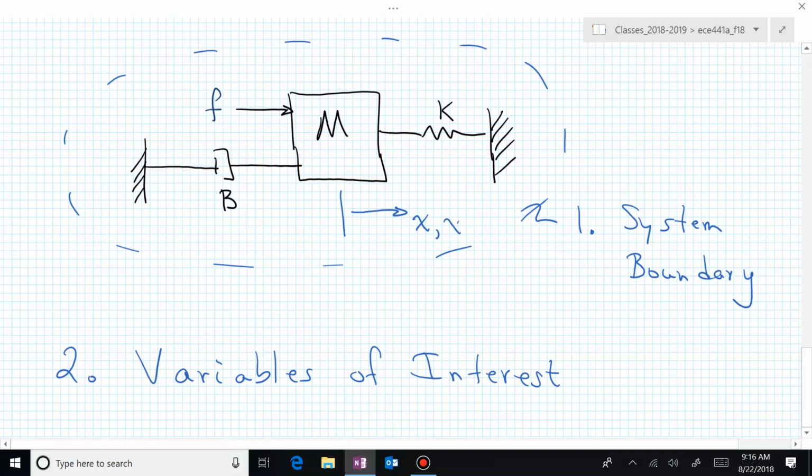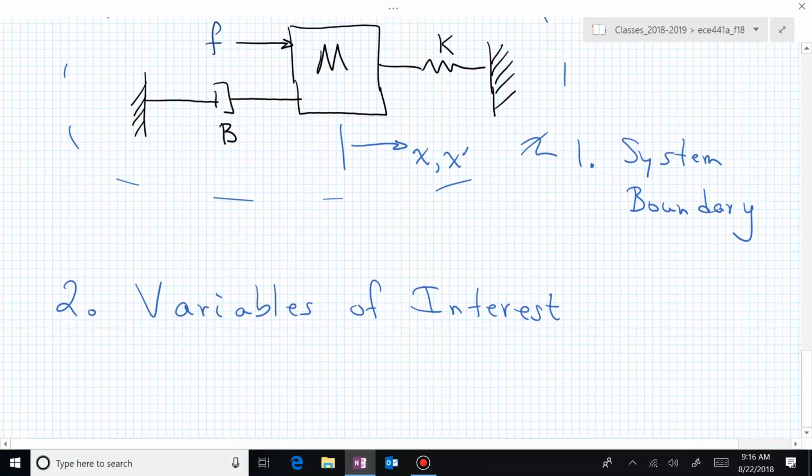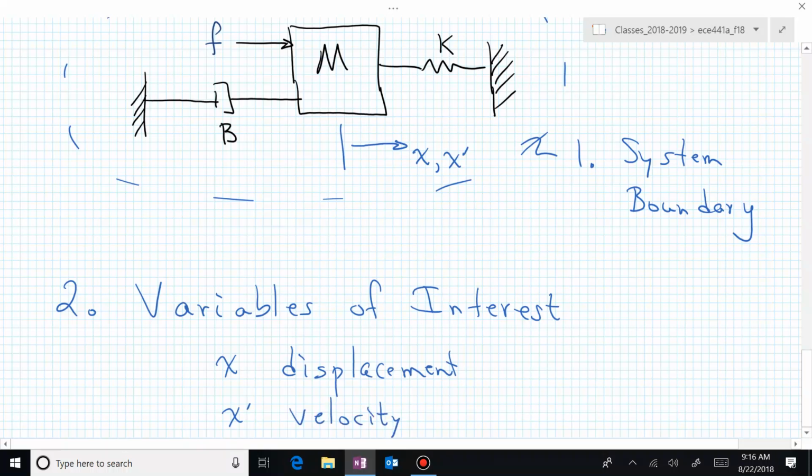And its velocity. The variables of interest then are going to be x, the displacement, and the displacement's derivative, or the velocity.